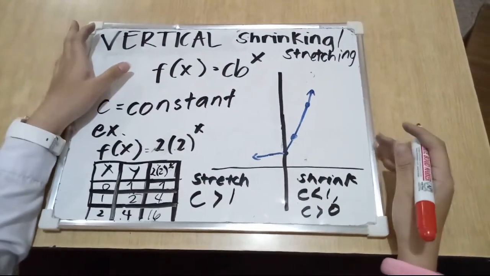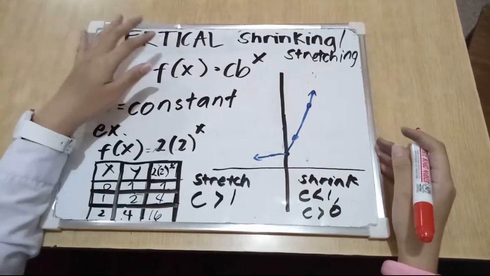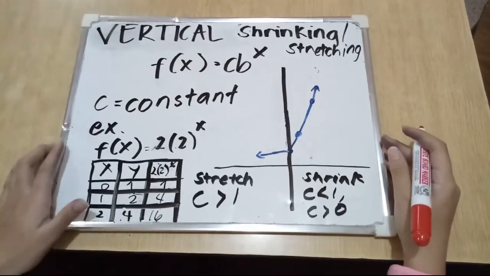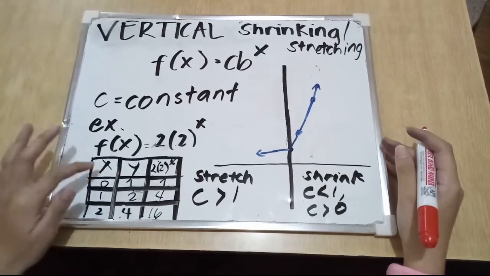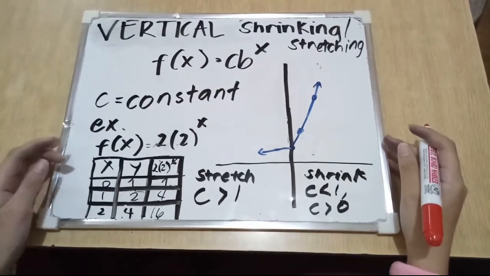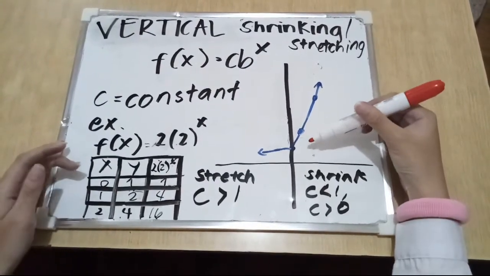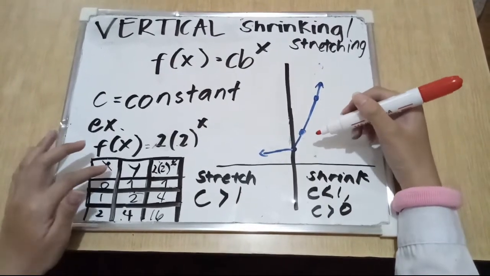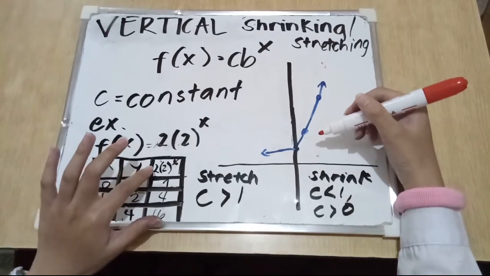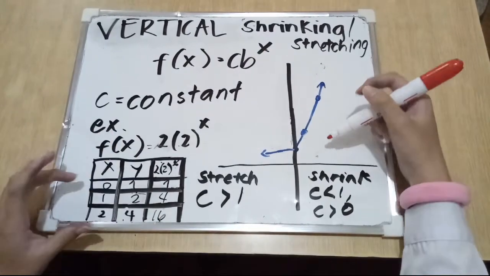Let our equation be c times b raised to x. So first example is 2 times 2 raised to x. As you can see, I have already solved the values and I have already plotted the values for x and y. So now let's plot the values for x and the value of 2 times 2 raised to x.